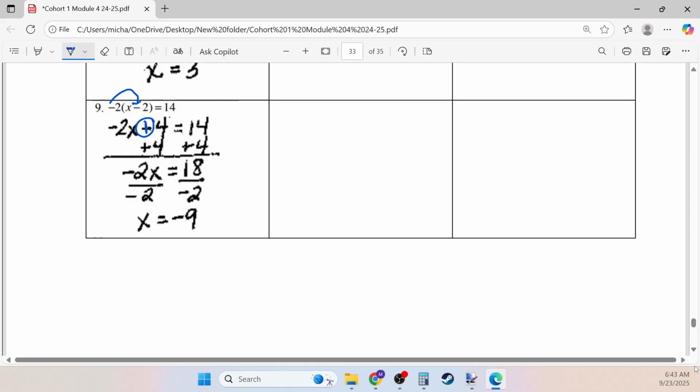That's one error. They may have made more. They add 4 to both sides. They divide by negative 2, and they get the wrong answer. This is the only mistake I see. It carries through, but that doesn't mean that there are more errors.